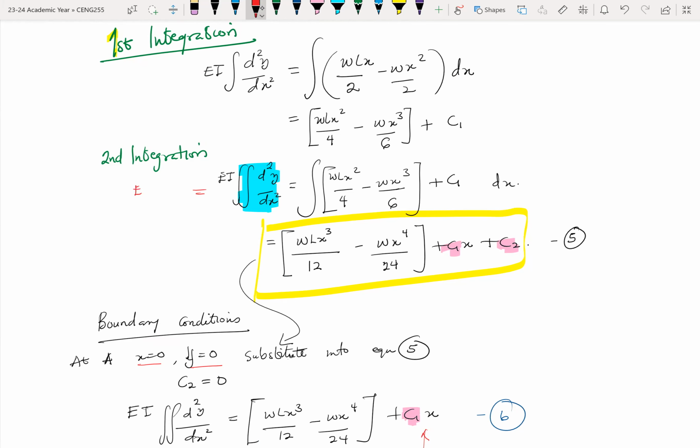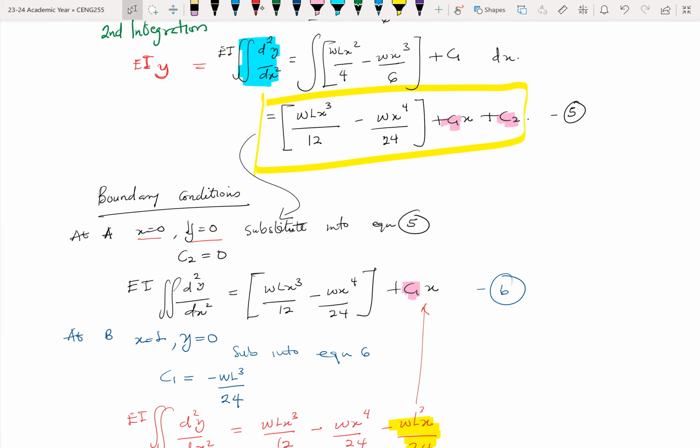So this one becomes EIy. So this whole thing is EIy. We still have a y term in there, which means EI times 0, because y is 0, will be equal to WL(0)³/12 minus W(0)⁴/24 plus C1(0) plus C2.